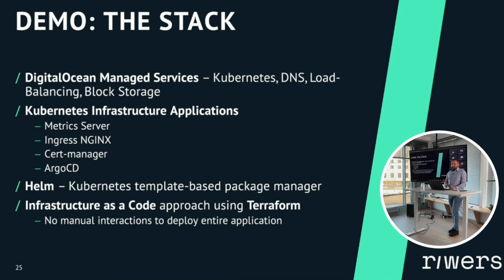So we'll be using DigitalOcean managed services, some base Kubernetes applications, and there's one more magic word, and that's Helm. Helm is something of a package manager for Kubernetes. As we were talking, Kubernetes is based on resources. So you create resources which are YAML files that have some structure.